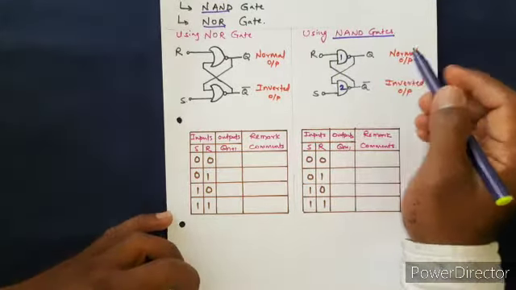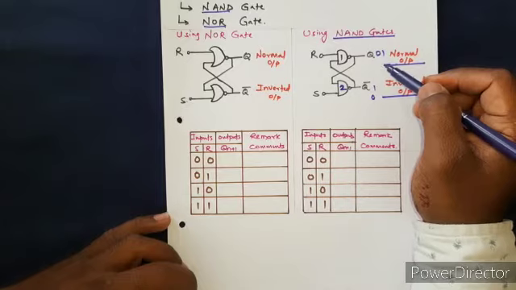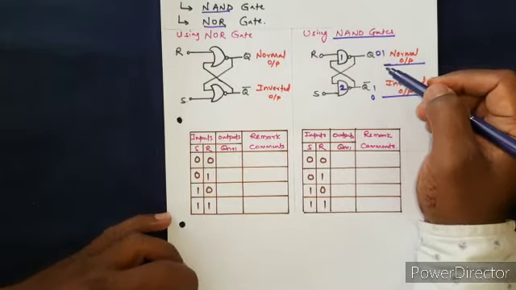So if Q is 0, Q bar should be 1, and if Q bar is 0, Q should be 1. If both are the same, that condition is called an invalid condition, which is not valid as far as these flip flops are concerned. It can also be called a forbidden state.